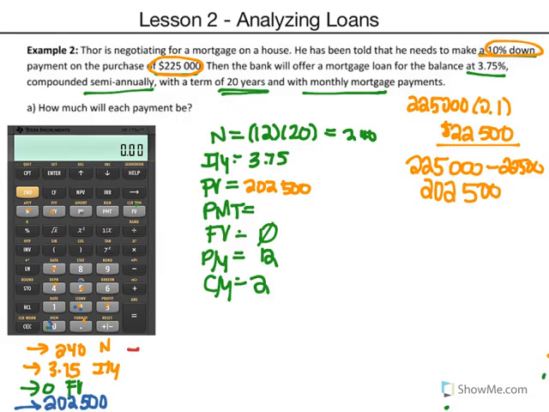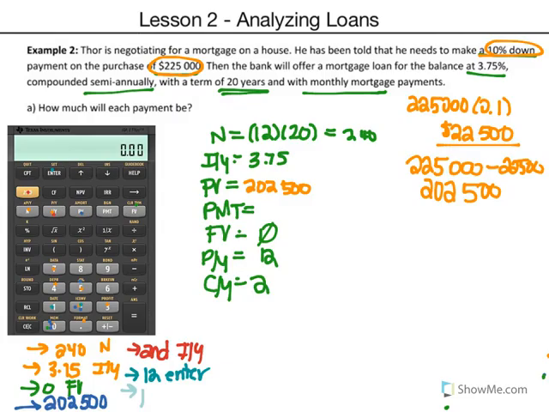Now we're going to go second function IY, and this will take us to our PY, which is 12, so we're going to hit 12 and then enter.